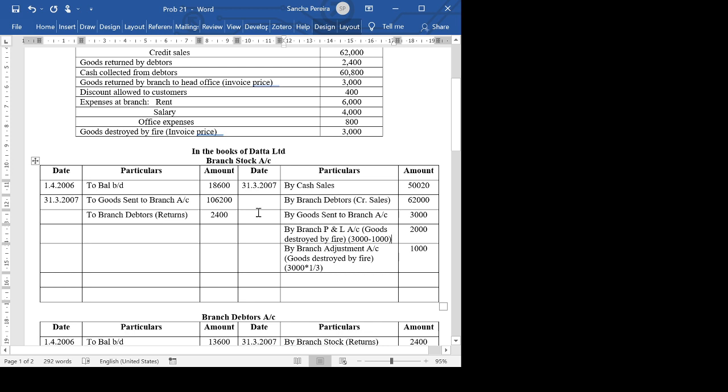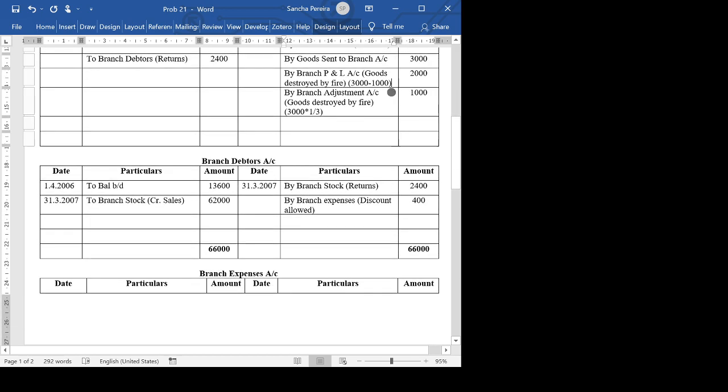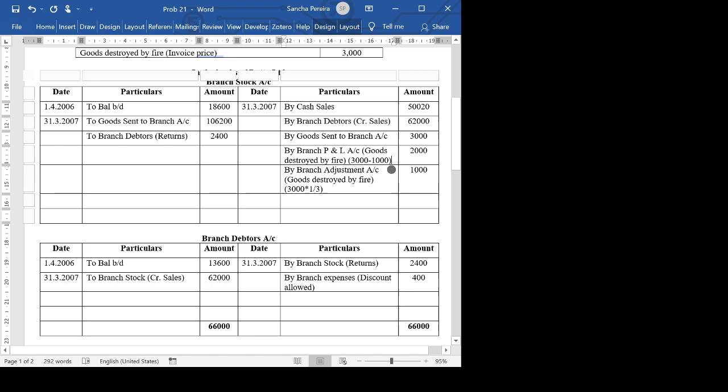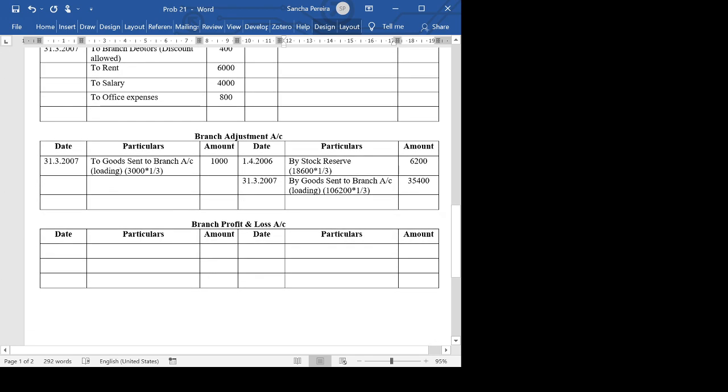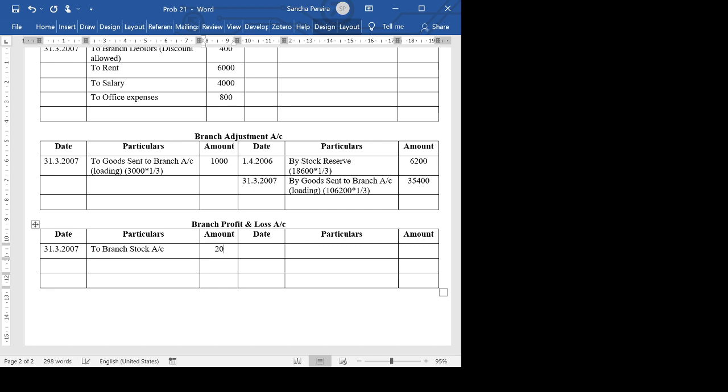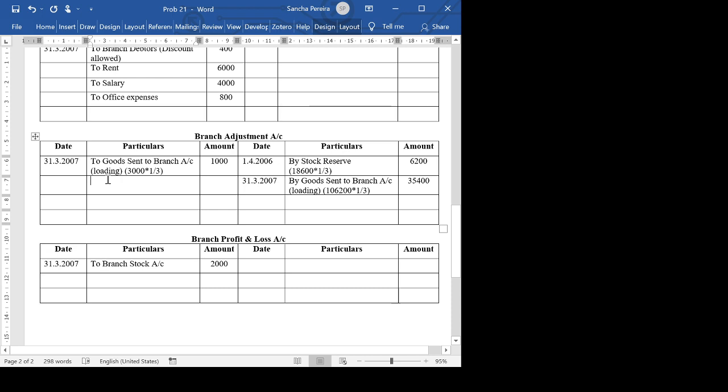Okay. So this has to come in the respective accounts by branch profit and loss account. So here we will have it as 2 branch stock account, on 31st March 2007, 2 branch stock account 2000, and here we have two branch stock account, the loading element on this goods destroyed, the profit element, which is 1000.